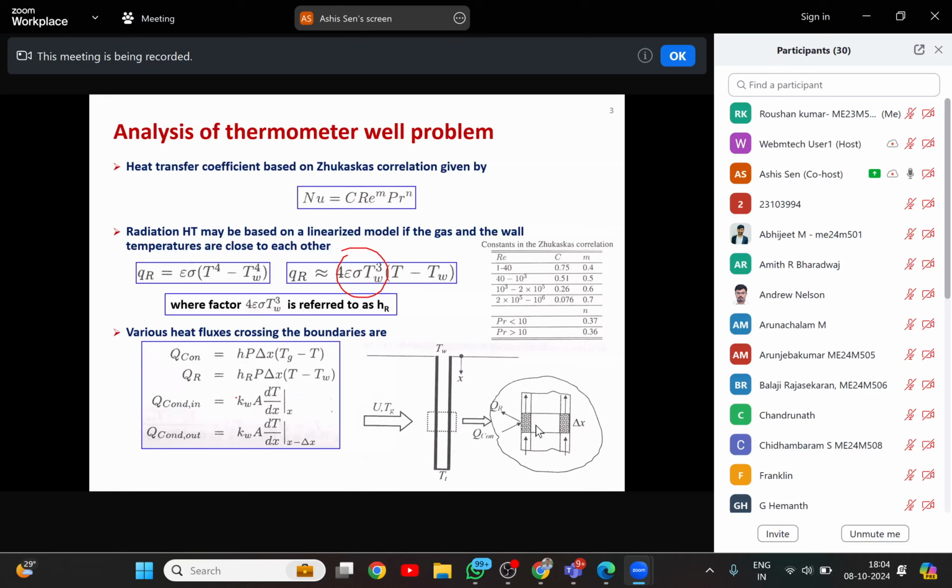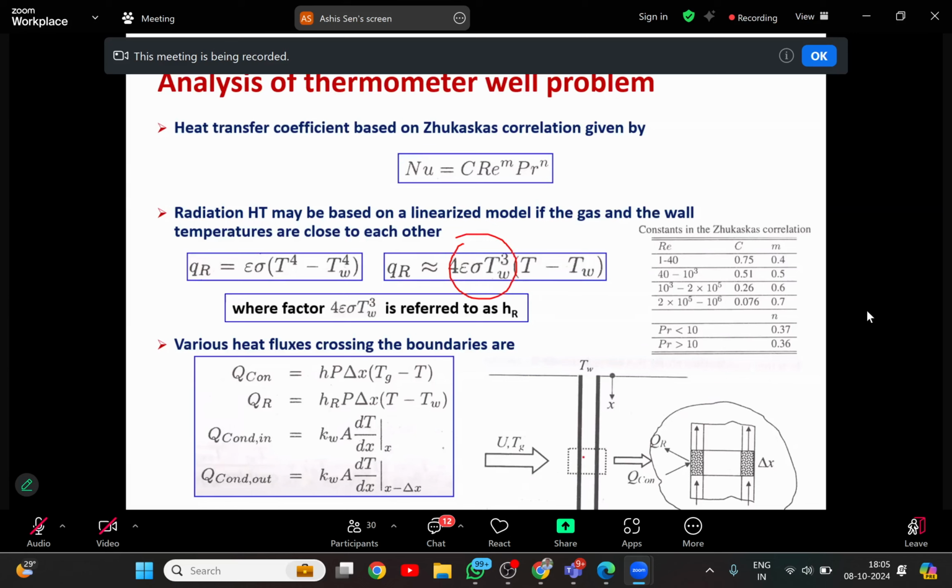Similarly, the radiation heat exchange uses a different heat transfer coefficient: HR into area into the temperature at any point in the cavity minus the temperature on the wall. Then the conduction in is, from Fourier's law, KA dT over dx at some x. And what is going out of this control volume is KA dT over dx at x plus delta x.